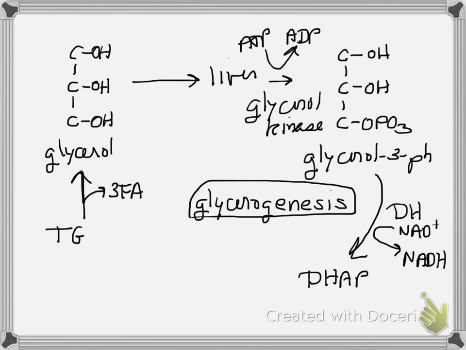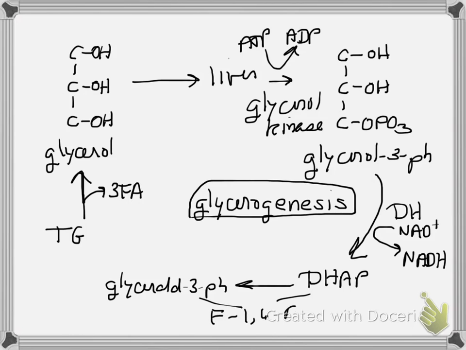The DHAP will then isomerize into glyceraldehyde 3-phosphate, and then these two combine into fructose 1,6-bisphosphate and on up we go to glucose synthesis.